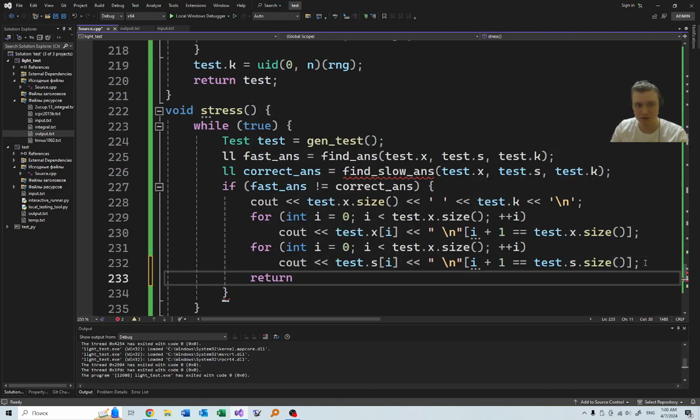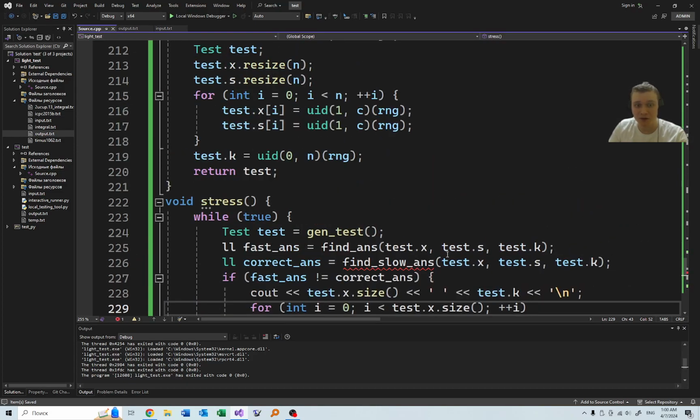Yes, and return. So now we only need this function, find slow answer.